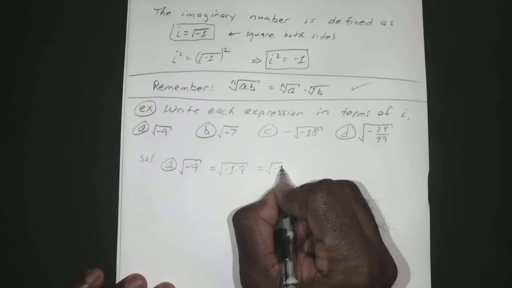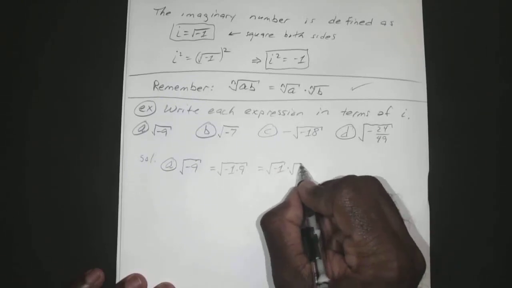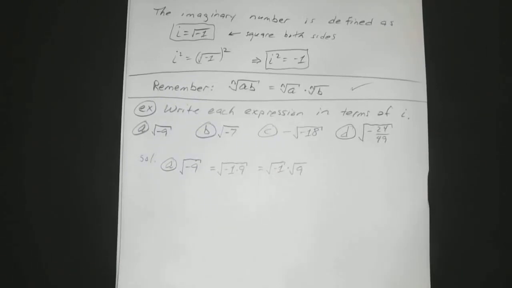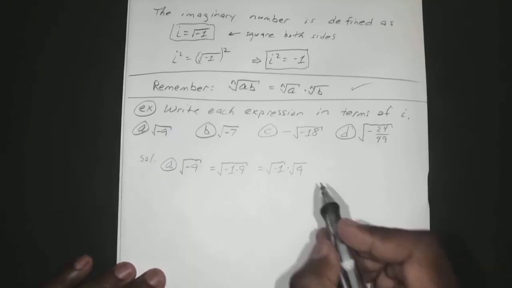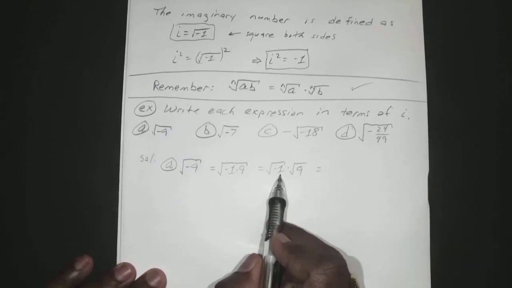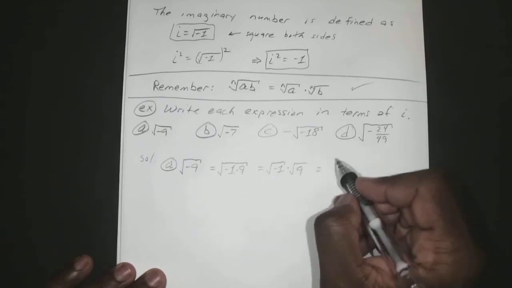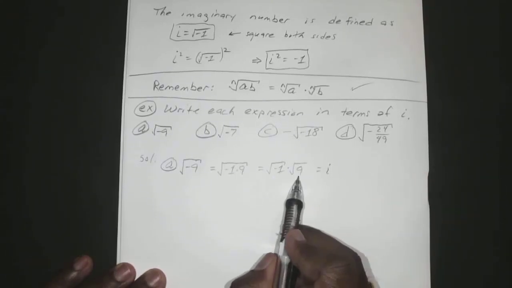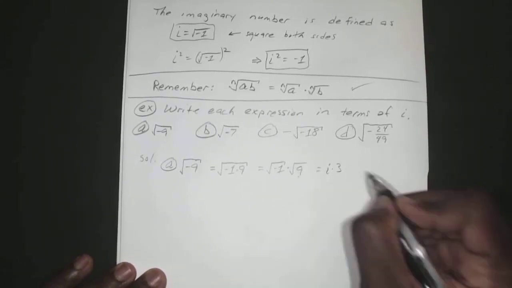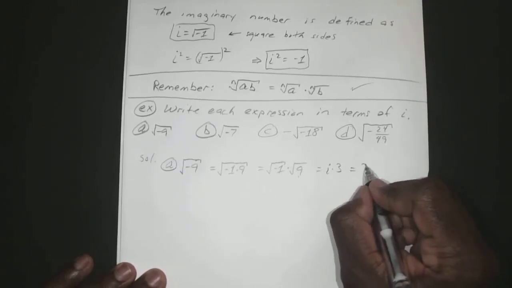So you have the square root of -1 times the square root of 9. And again, even though the square root of 9 is plus or minus 3, they just pay attention to the positive. So we know that the square root of -1 is equal to i, and the square root of 9 is equal to 3. But you can just write it as 3i.